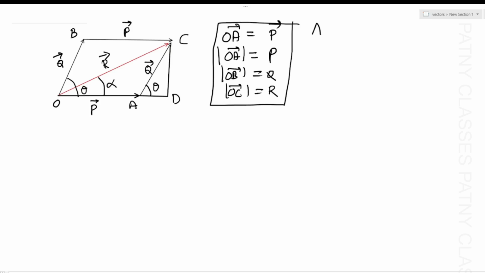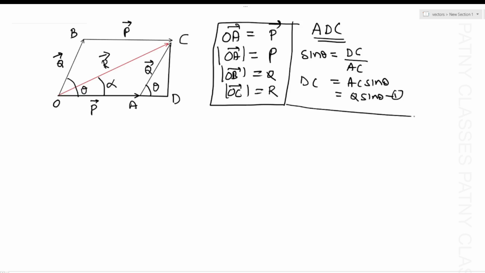the triangle ADC. In this triangle I am going to have the sin theta value. Sin theta equals DC upon AC, therefore DC equals AC sin theta, and AC is nothing but Q, so DC equals Q sin theta. Let's call it equation number 1. After that, in the same triangle ADC, I am going to consider cos theta.